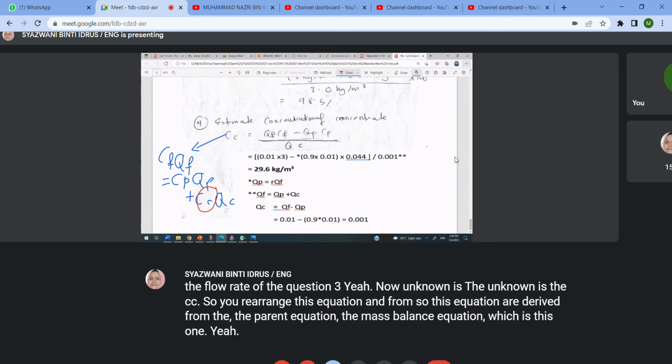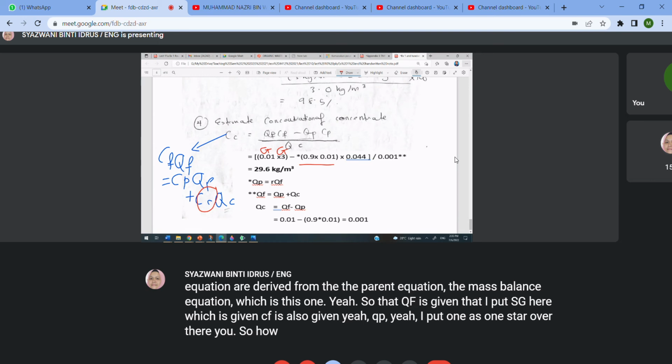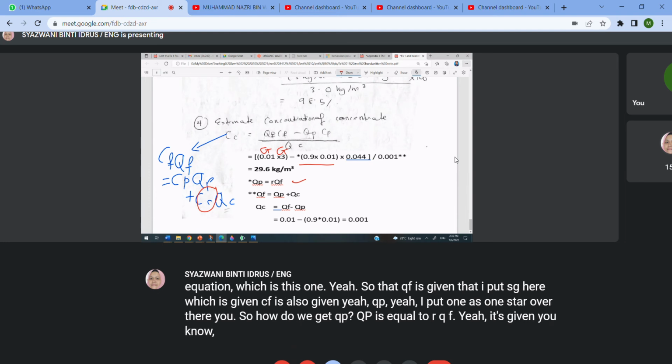So QF is given. I put a G here, which is given. CF is also given. QP, I put one star over there. So how do we get QP? QP is equal to RQF, the formula is given.